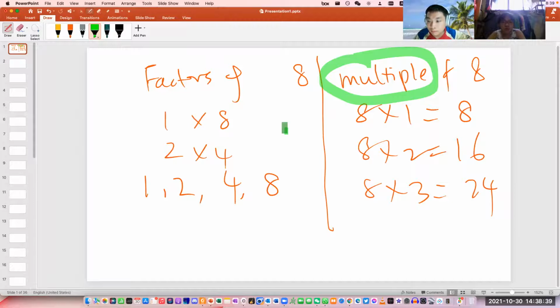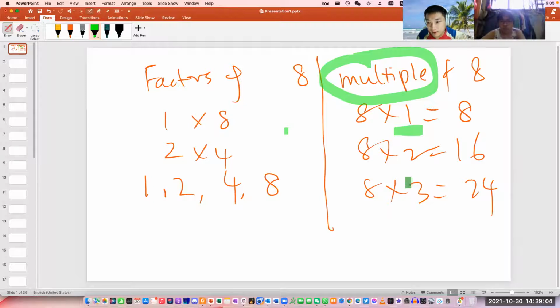Are you ready? Okay, so when it comes to multiple, that means they want you to times 8. Can you repeat what I said? Multiple of 8 means they want you to? Times 8. Yes. So the smallest number you times 8 is 1.